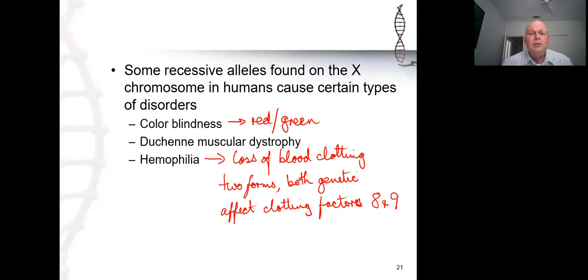This is the one which probably would be very unusual to find in a female, by virtue of the fact, remember, that the only way to have a female with the condition is for the mother to be a carrier of the condition and the father to have the condition. And by the time a male with Duchenne's muscular dystrophy was old enough to consider fathering a child, he would already be partially, if not completely, paralyzed.